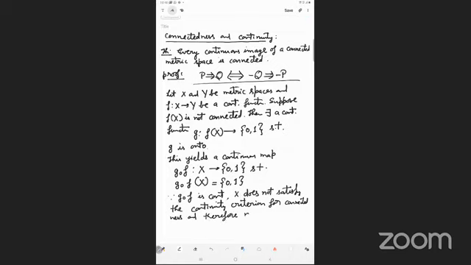So here we have proved that X is not connected. It means every continuous image of a connected metric space is connected. Hence the result.